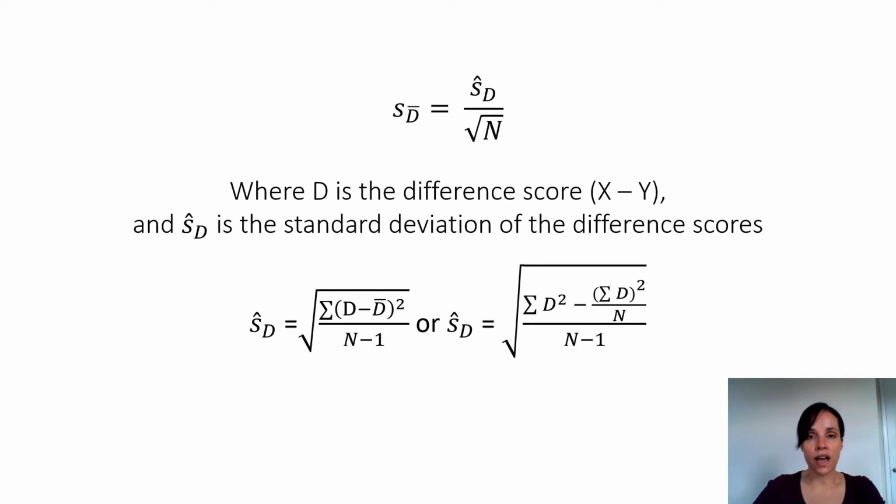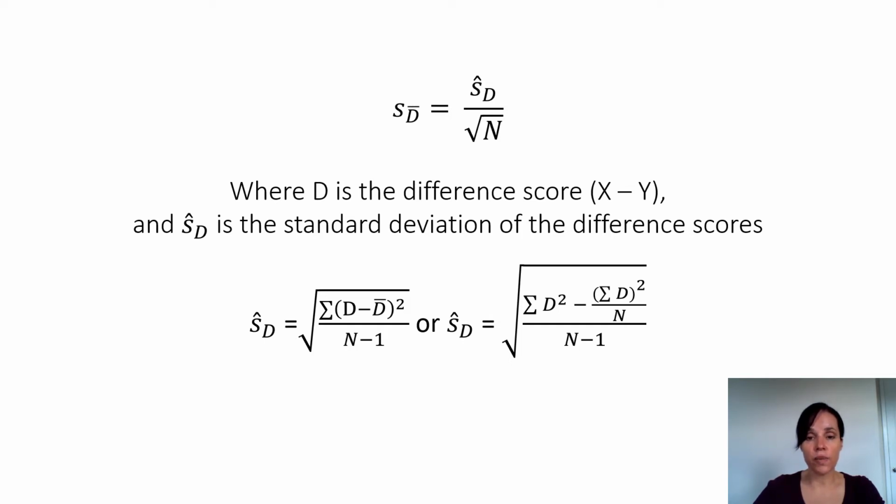The formula on the left is the one that we call the deviation score formula, or the definitional formula. This is the one that I taught you during class in chapter 4. So here we would calculate the standard deviation of the difference score, S hat sub d, by taking the sum of d minus d bar squared, dividing by n minus 1, and taking the square root.